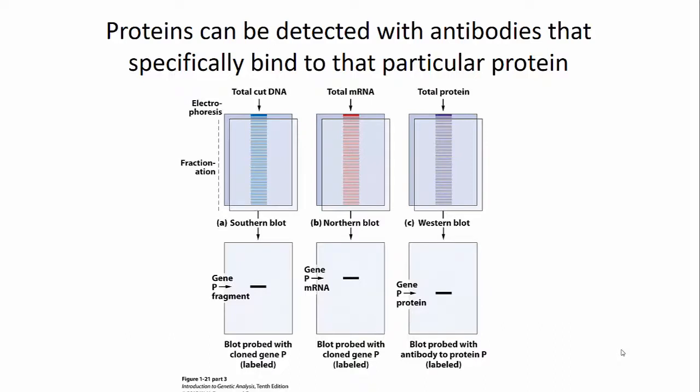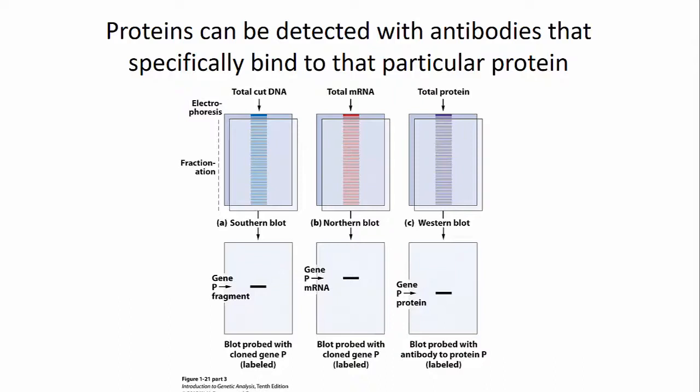Instead, companies and research laboratories can create antibodies that specifically recognize a particular protein of interest. And so rather than using base pairing as the detection method, for a Western blot, we would use antibodies to determine whether that particular protein of interest was present in your sample.